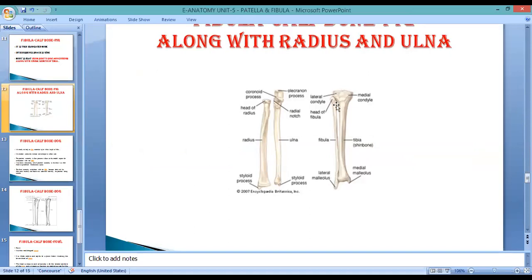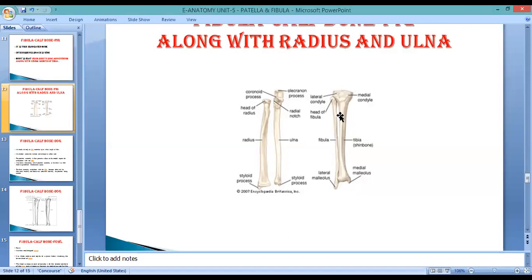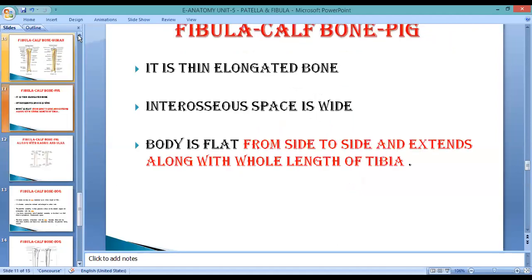This is the fibula bone of the pig, and it forms a well-developed interosseous space in comparison to the two previous animals we have already discussed. This is the fibula of pig.